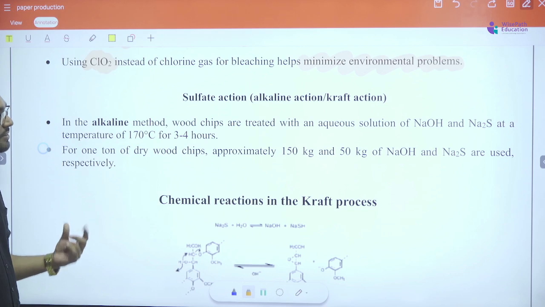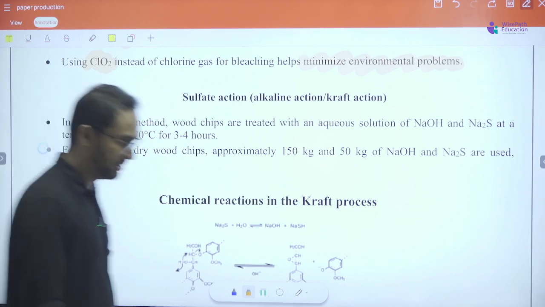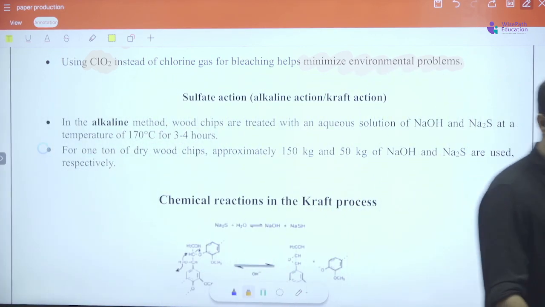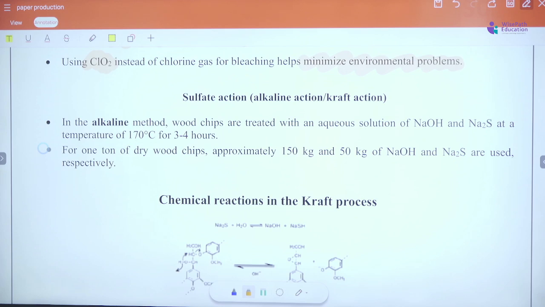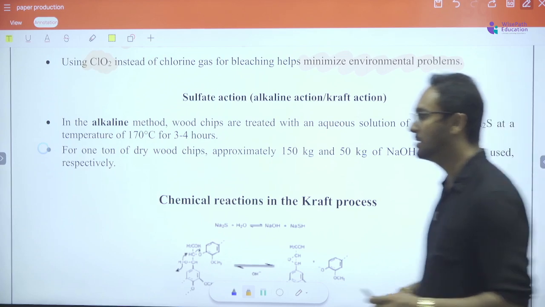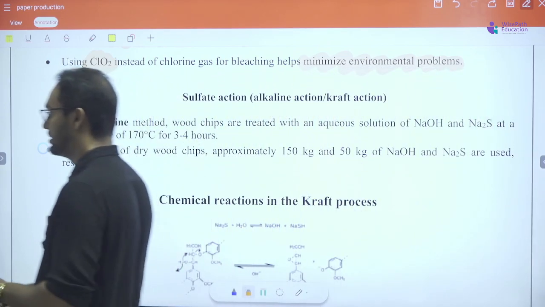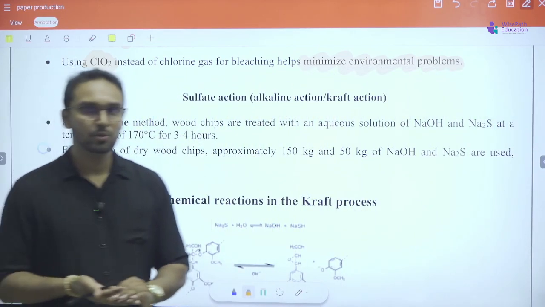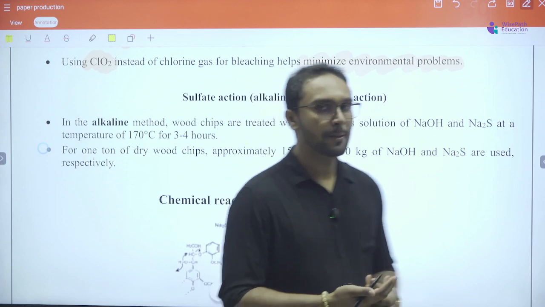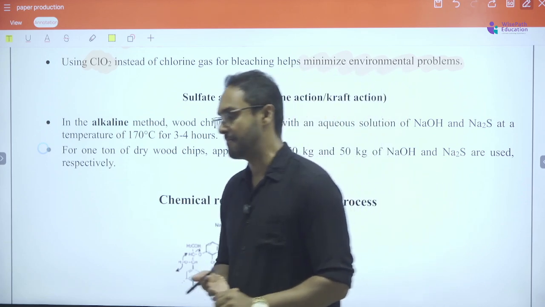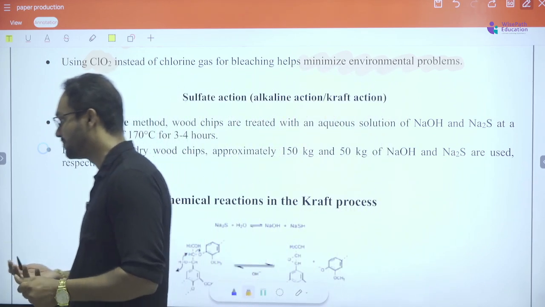Now come to the sulfate or alkaline method, or you call it the Kraft method as well. What is resin content? Resin is something like a glue, a sticky part that is made in the stem of a wood, and it's more like the lignin.